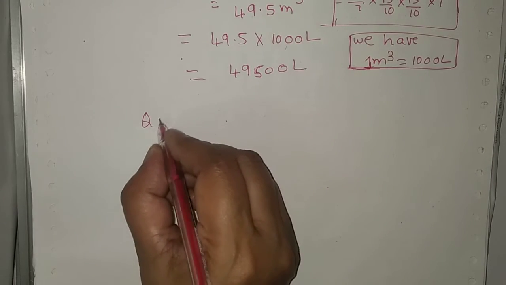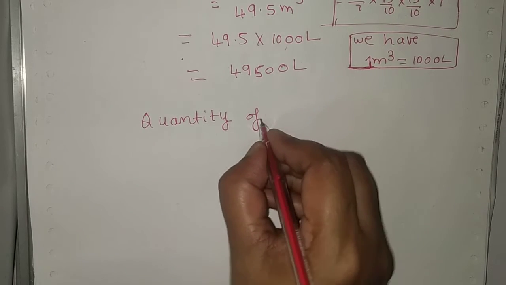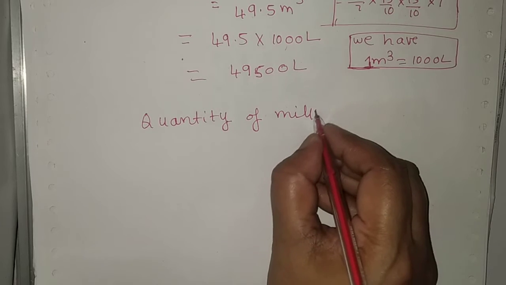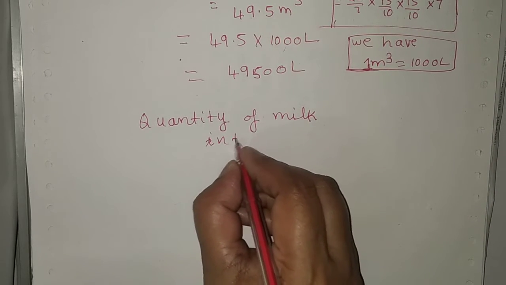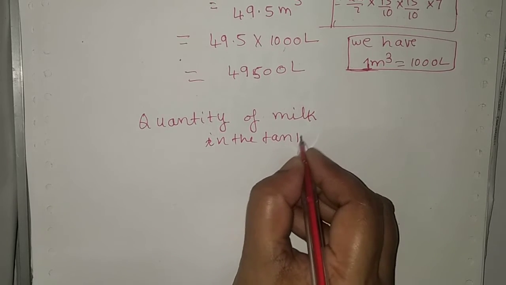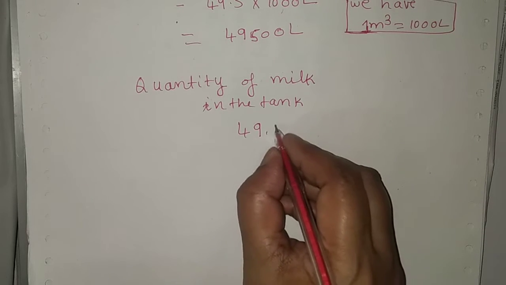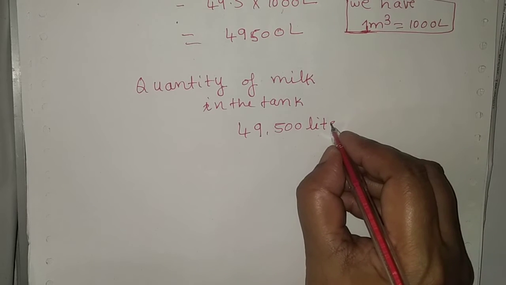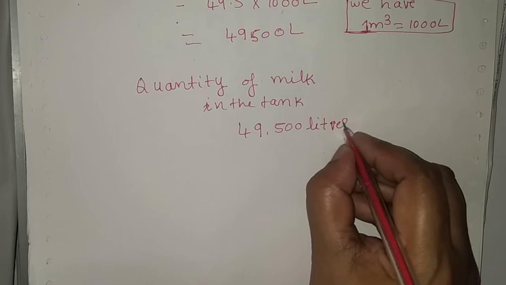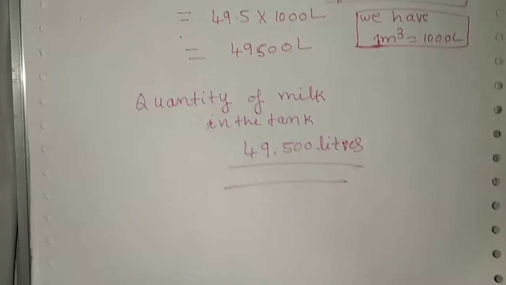Therefore, finally, the quantity of milk that can be stored in the tank is 49,500 liters. So this is the solution for question number 6.